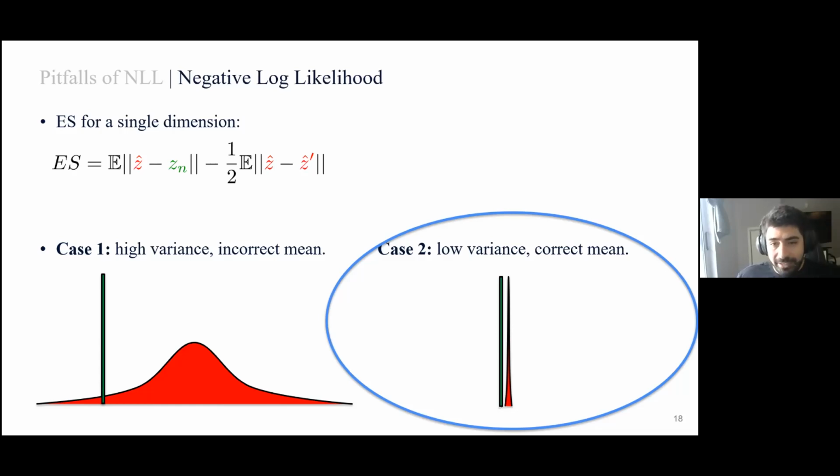By non-locality, we mean that the energy score does not only take into consideration the probability assigned exactly at the ground truth target, but also rewards distributions that assign a high probability mass near the target, but not exactly at that target. And this is what's called a non-local proper scoring rule. As an analogy in classification, the Brier score is non-local because it takes into consideration all the parameters of the categorical distribution.